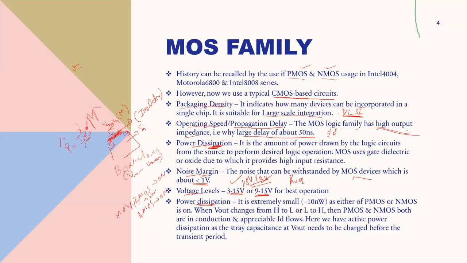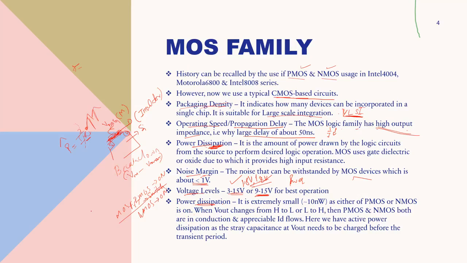You know about this, right? When does MOSFET behave like a switch? Either your PMOS is on or your NMOS is on. We will discuss all the mathematics behind this. I'll explain all the things; we are just trying to recall what we have studied, but we'll discuss the maths also behind it.